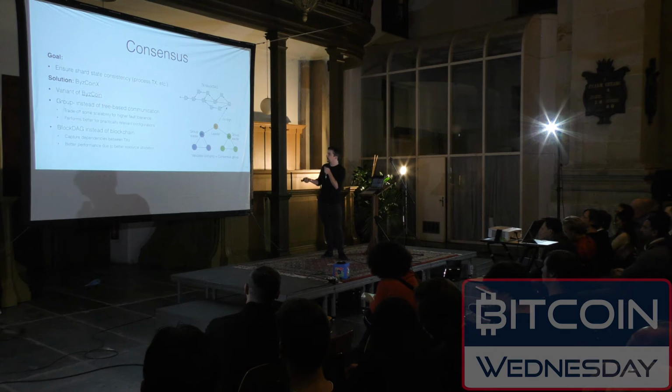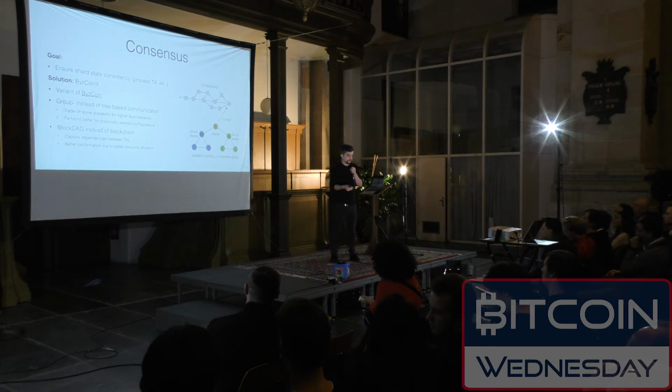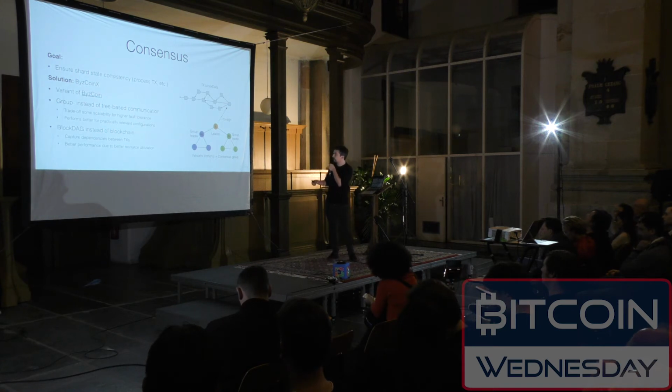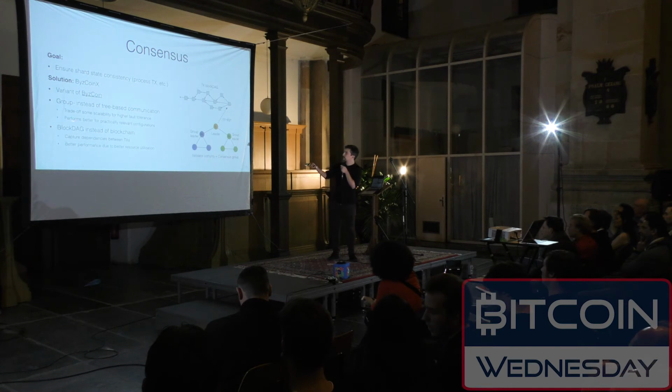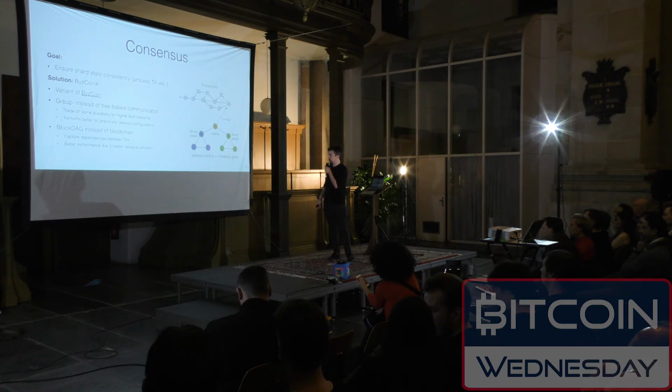And what we use here is, so ByzCoin is targeted at very high scale consensus operation, but we found out that you can reduce that high scalability a little bit for that use case and go to group instead of tree-based communication, which is totally fine for this particular scenario, and we found out that it actually performs better in practical scenarios and in those relevant configurations.